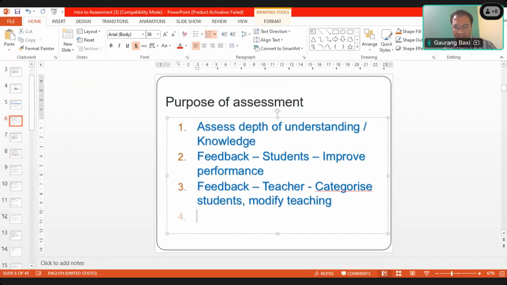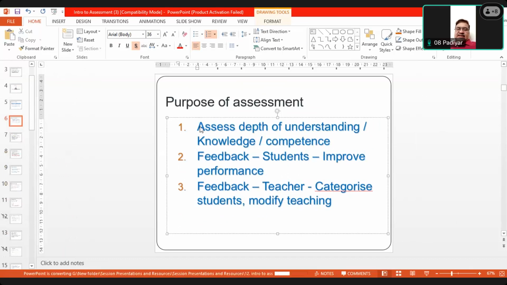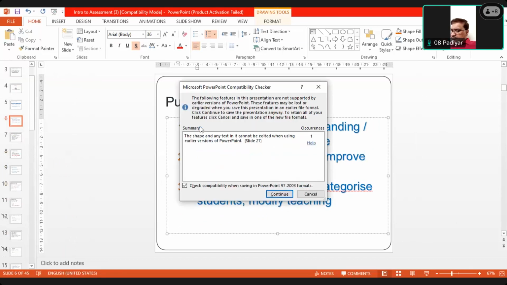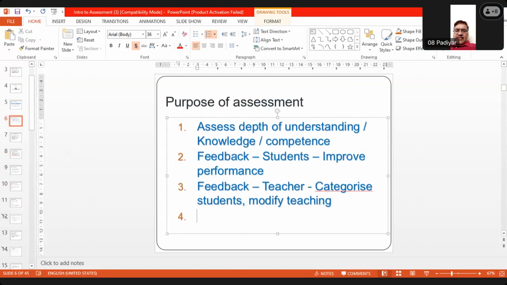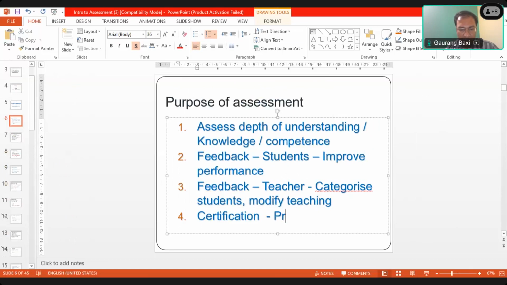So same, to assess the depth of knowledge, understanding, or ultimately competence. So summative assessment, grading, and certification. Certifying students in the end, or to promote them to the next class is an important purpose.